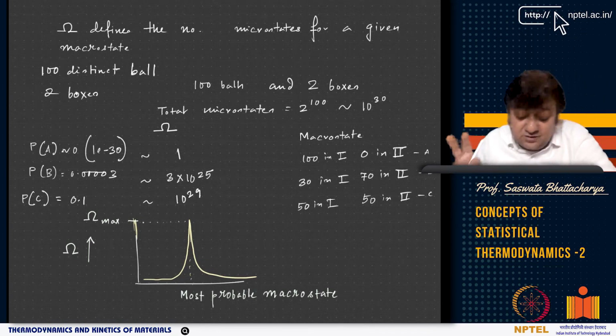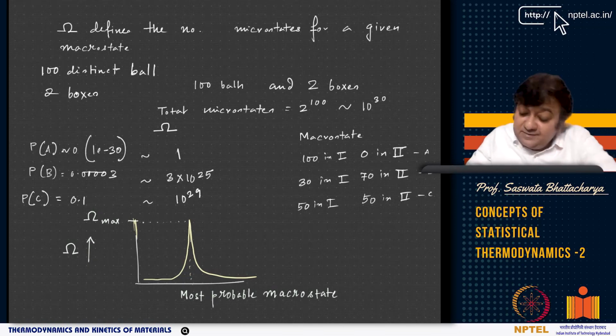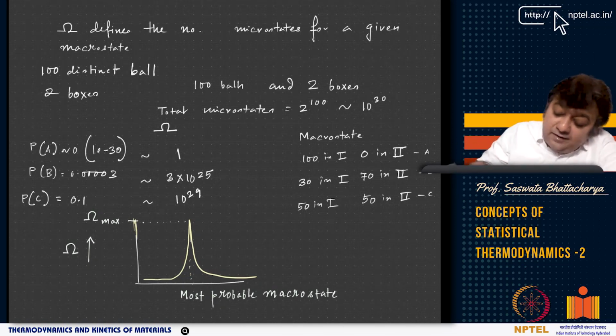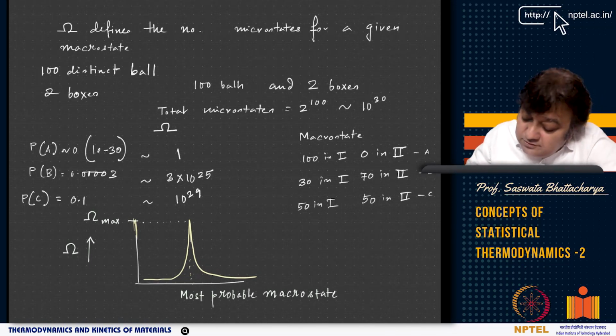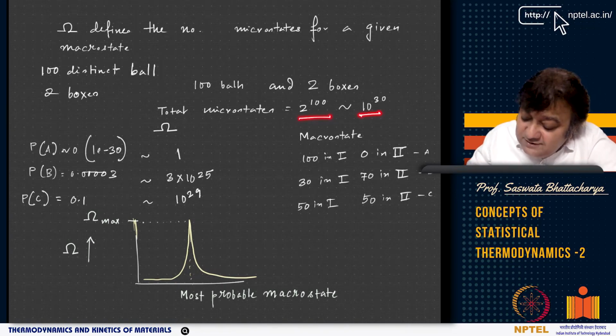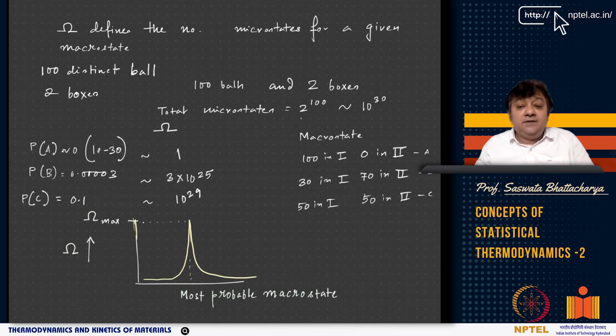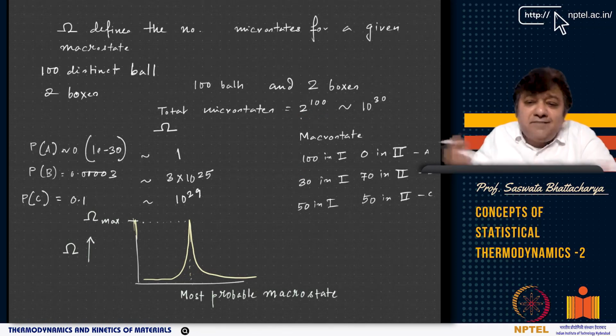Now I have two placeholders and I have 100 distinct balls, and I am asking what will be the number of microstates? If I go by the previous logic, which is correct, the total number of microstates becomes equal to 2 to the power 100. So you see the number 2 to the power 100, which is approximately equal to 10 to the power 30, right? Now, what are the macrostates possible? Like 100 in, so there are many macrostates possible, right?